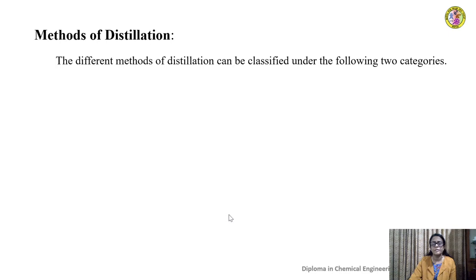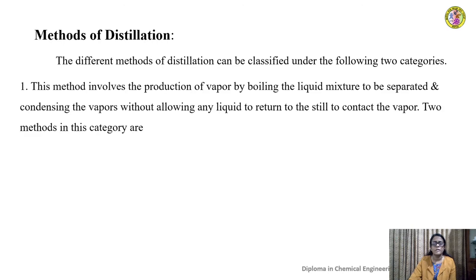The different methods of distillation are classified under two categories as follows. The first category involves two types of distillation methods in which the production of vapor is done by boiling the given liquid mixture, from which you have to separate the components, and the vapors are brought into equilibrium with the liquid phase.